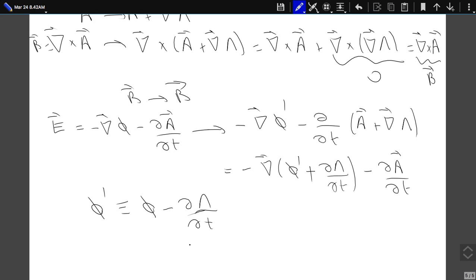So you see what I did? So changing the scalar potential along with changing the vector potential doesn't change the electric field.